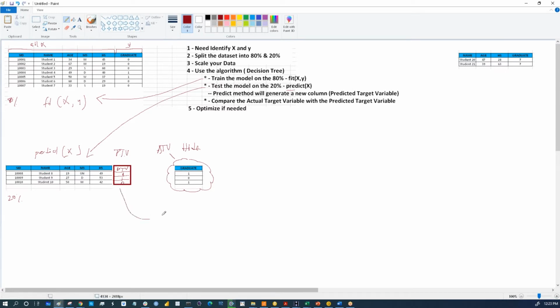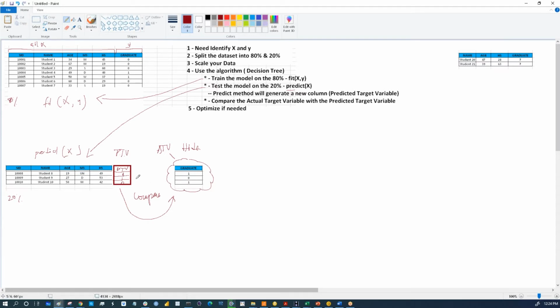And now we are going to compare the predicted target variable that was generated by testing the model that we learned in 80%, testing on the 20%. So we're comparing that predicted target variable with the actual target variable and see how close they are.